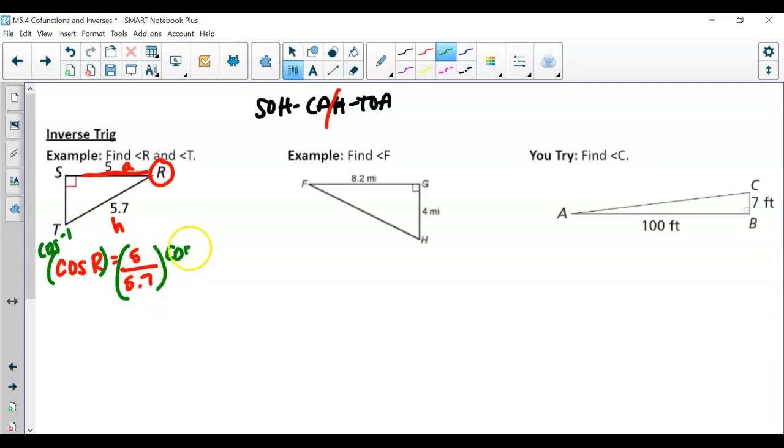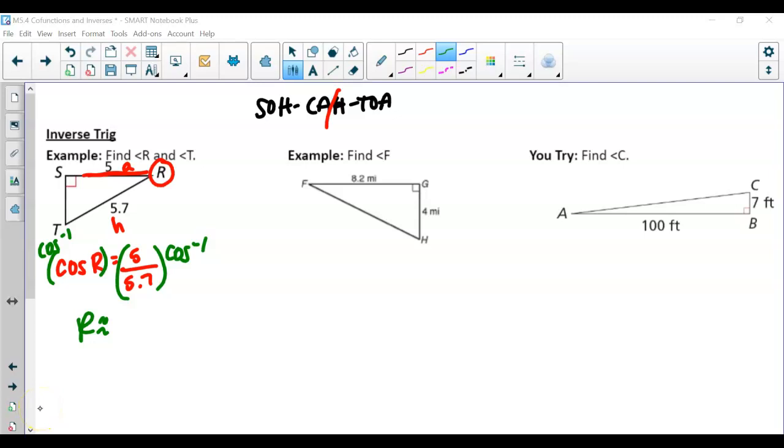Make sure to locate this button on the calculator, which is above your cosine button. So you'll have to use second or shift to be able to put this in your calculator. So I would say pause the video, try to locate this, put this in the calculator, make sure that you're in degree mode, and let's see what you get that the angle R is approximately.